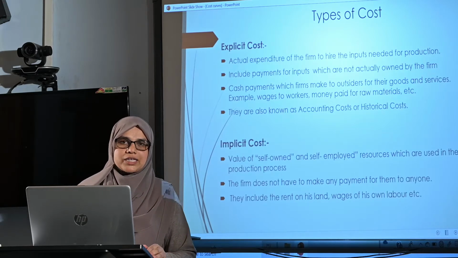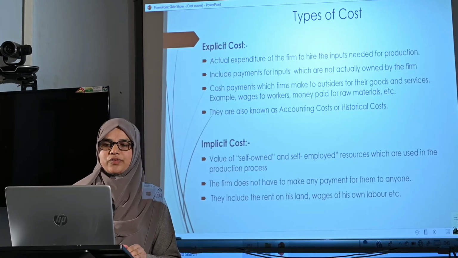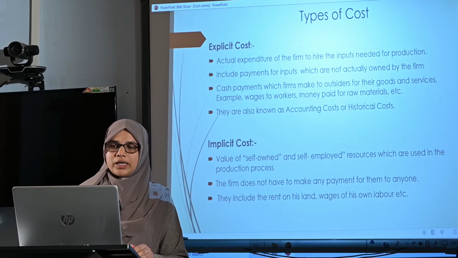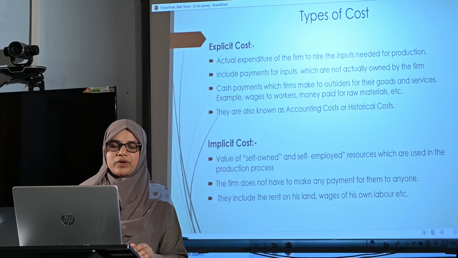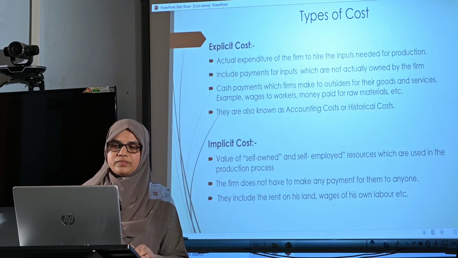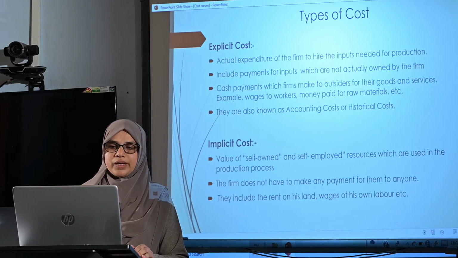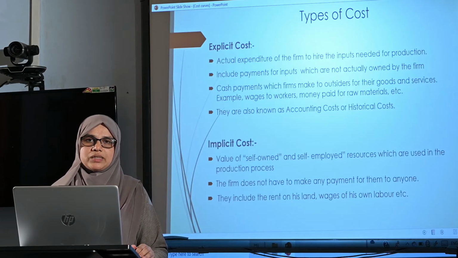Then see explicit cost. Explicit cost is the actual expenditure of the firm to hire the inputs needed for production. These include payment for inputs which are not actually owned by the firm. And these are the cash payments which the firm makes to outsiders for their goods and services.